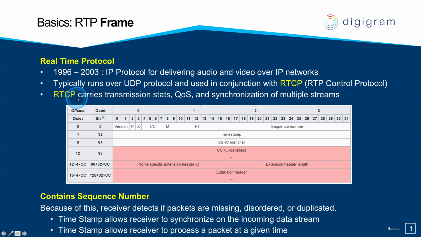RTCP carries things that are required for multimedia, things like transmission statistics, quality of service, synchronization of multiple streams. It contains sequence numbers and timestamps, so from the encoder to the decoder, it allows the decoder to put that stream back together with nothing missing, so that it's a perfectly good audio signal.